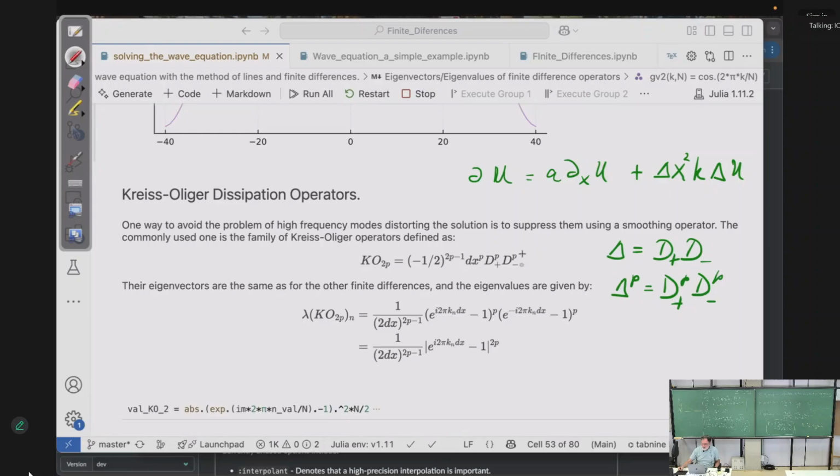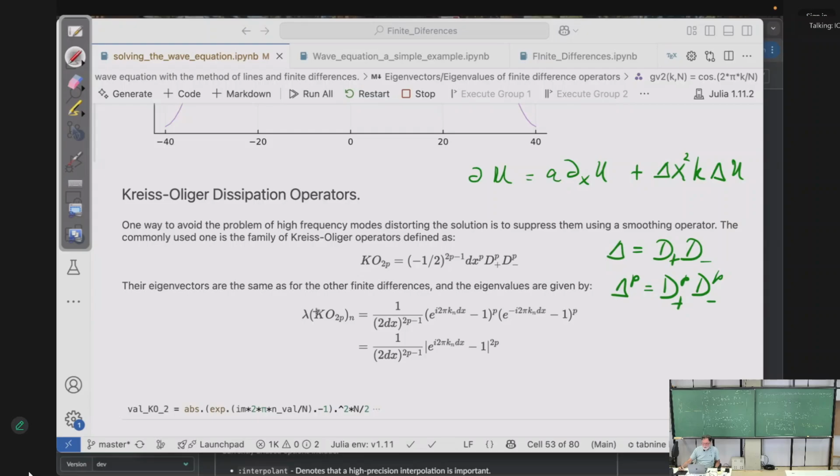So this here is Laplacian to the p times delta x to the p. And you put this factor here just to make the eigenvalues of these close to unity. They are real, they are negative, and they are close to unity.